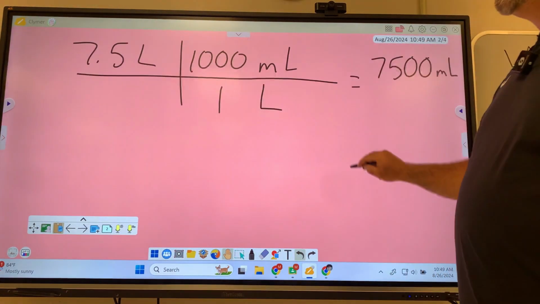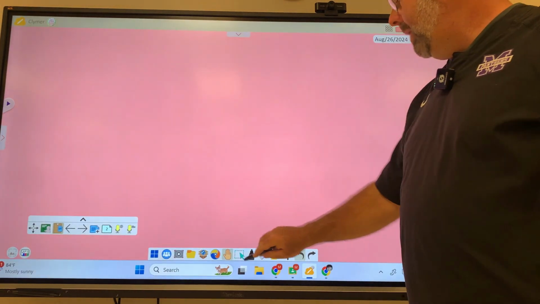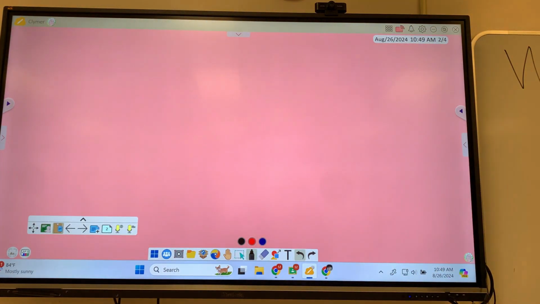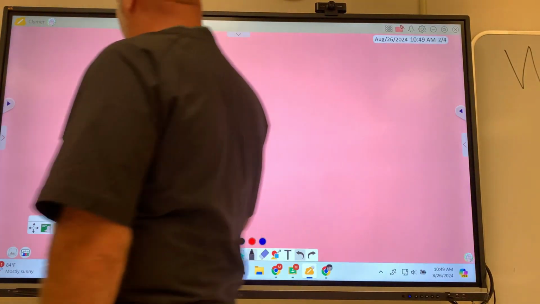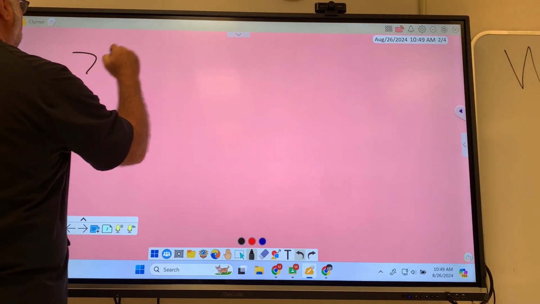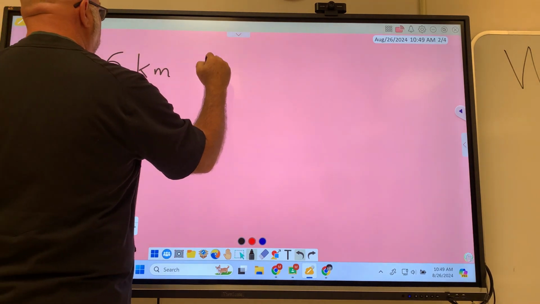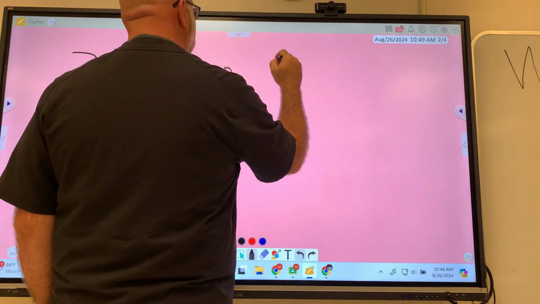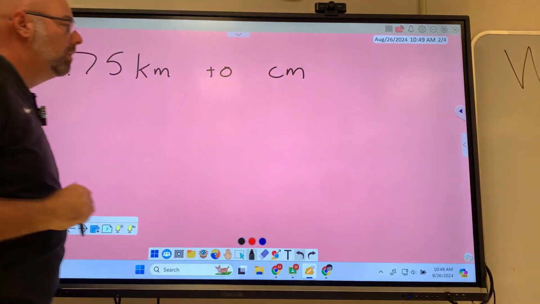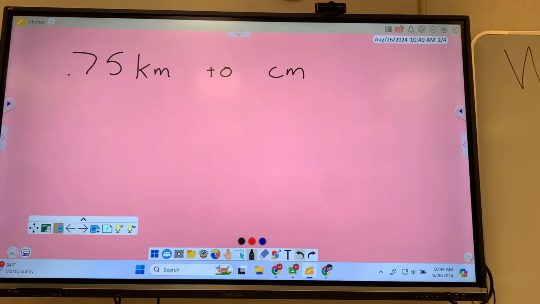For one that is, I'm not going to say more difficult, but has more steps, 0.75 kilometers to centimeters. So again, right off the bat, are we all in metric here? Yes, metric to metric.